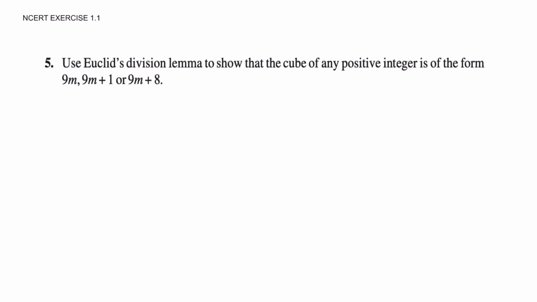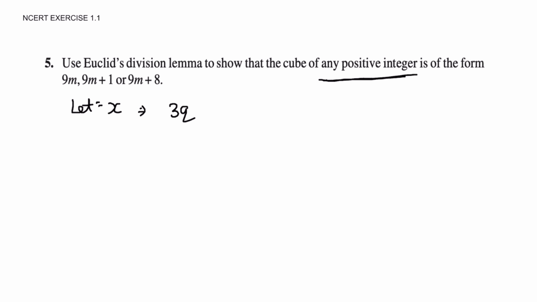It states, use Euclid's division lemma to show that the cube of any positive integer is of the form 9m, 9m plus 1 or 9m plus 8. Okay, so let's take any term x. Now I can write x as 3q.